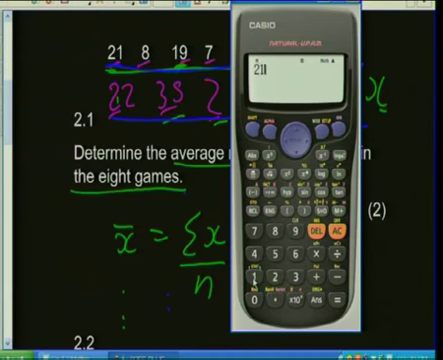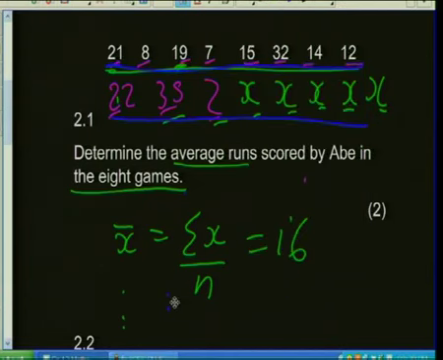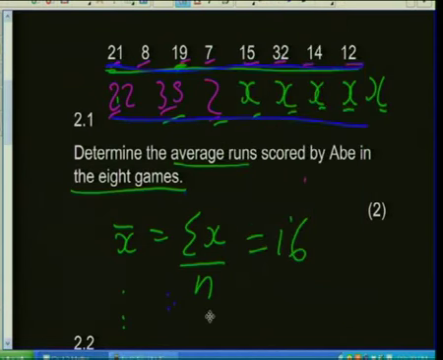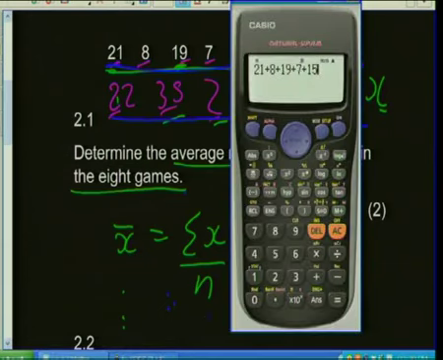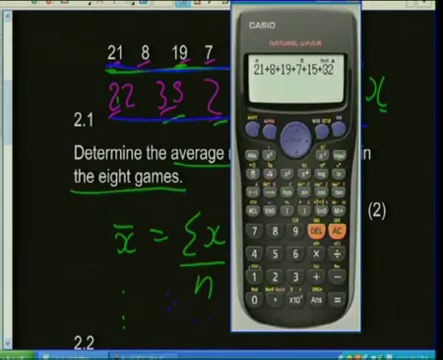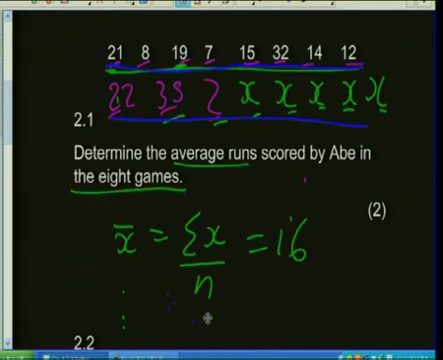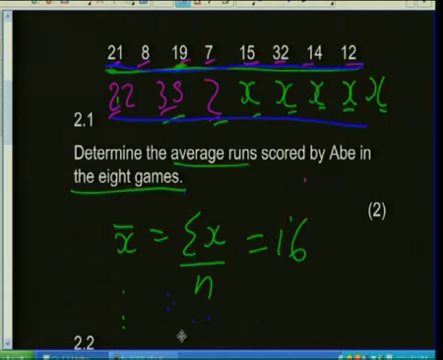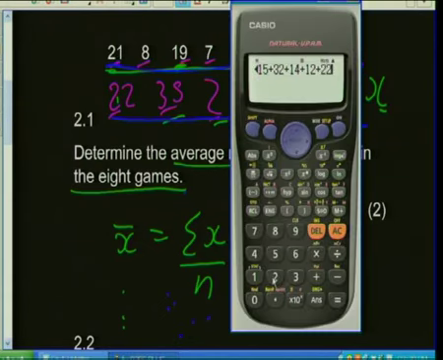So I have 21 plus 8 plus 19, plus 7, plus 15, plus 32, plus 14, plus 12, plus 22, plus 35, plus 2.